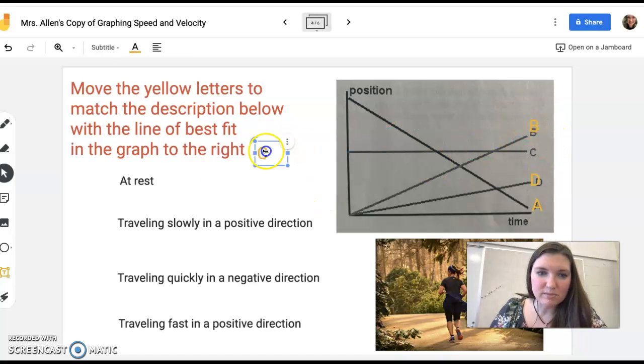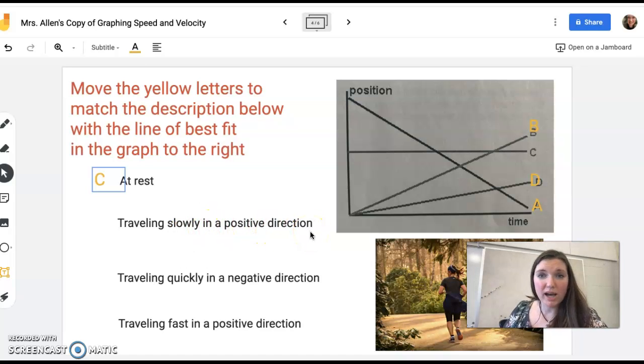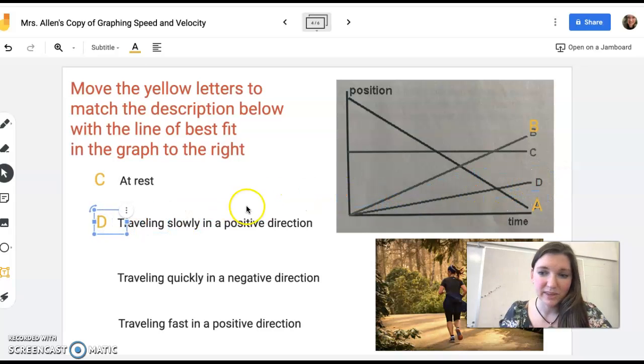So at rest is going to be C. When we are traveling slowly in a positive direction, positive meaning that that slope is going to be positive, meaning that the line is going to go up, but it's traveling slowly, so that position is not going to change very much over the course of time. So that's going to be D. See how that line it's moving, but it's moving just a little bit at a time.